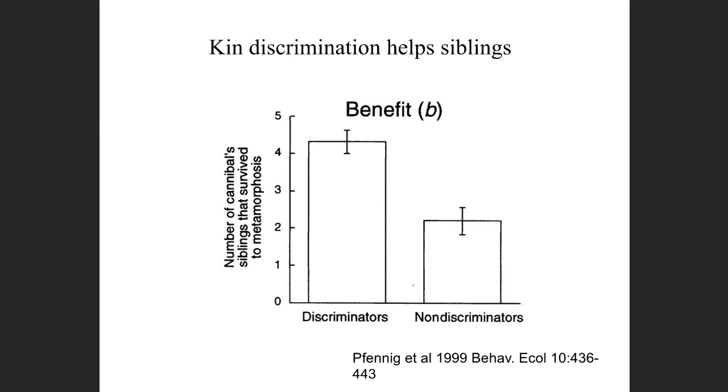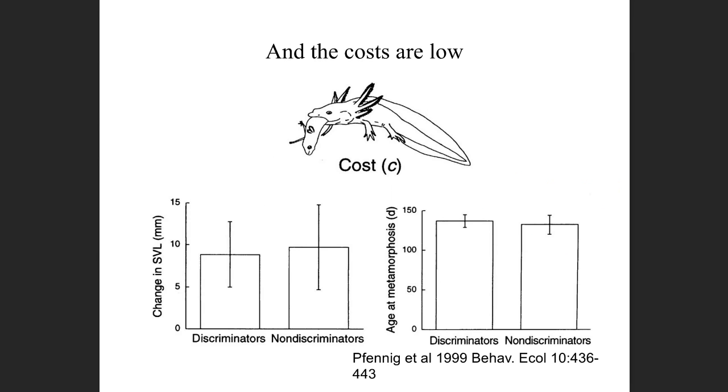So fewer of them survive because they got eaten. So there's definitely a benefit. However, that benefit is going to your siblings, and so it has to be discounted by R, by relatedness.